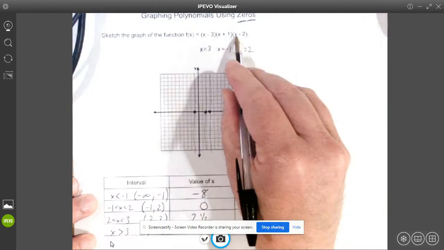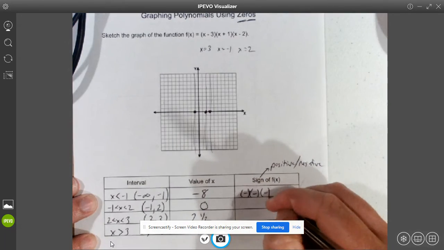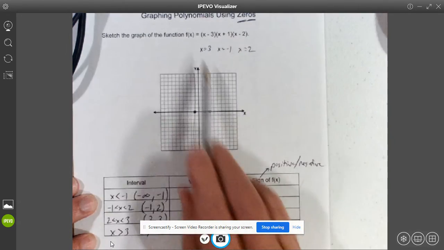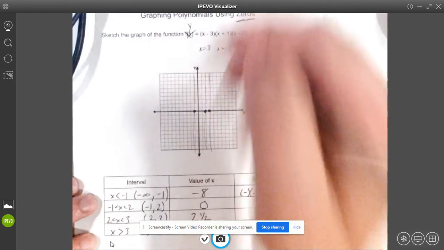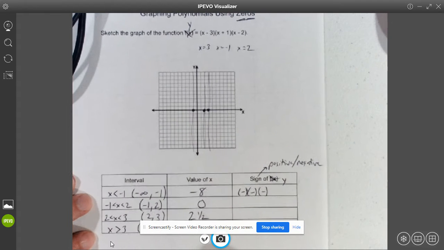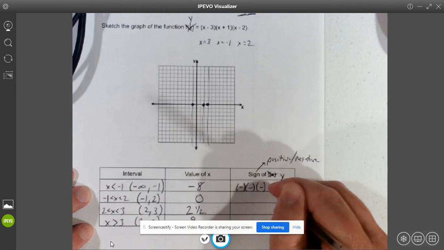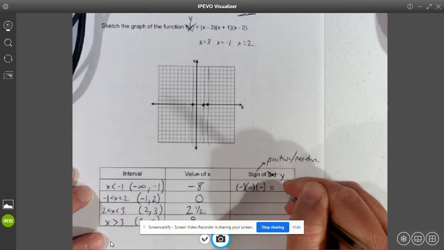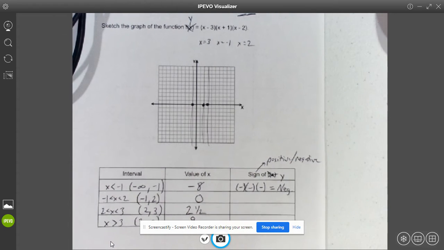And when I put -8 here, -8 minus 2 is another negative value. And so f of x, or again, you could replace that with y if that makes more sense to you. Really we're looking at the sign of y here. I'm doing a negative times a negative times a negative, and anytime I do that, I know my answer is going to be negative. Again, I don't care about the value of it here. I'm just looking at the sign of it.